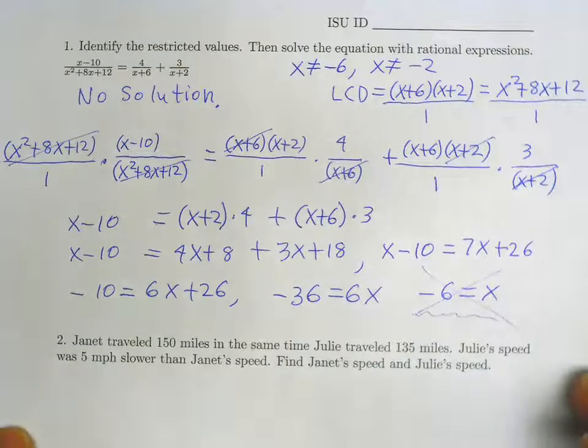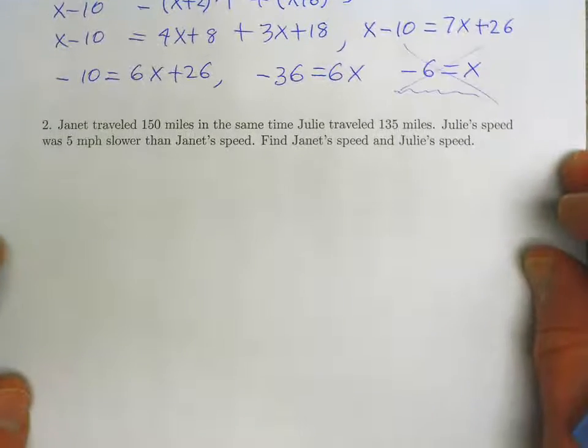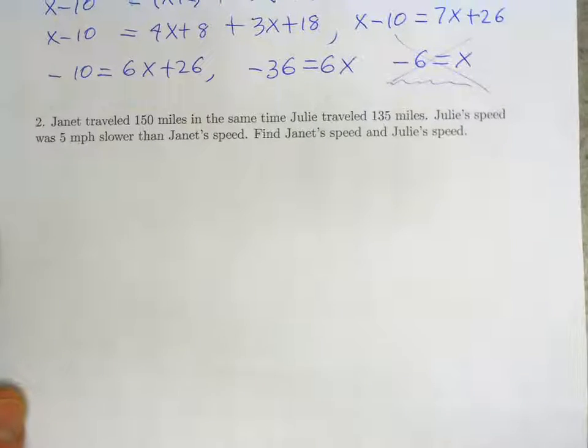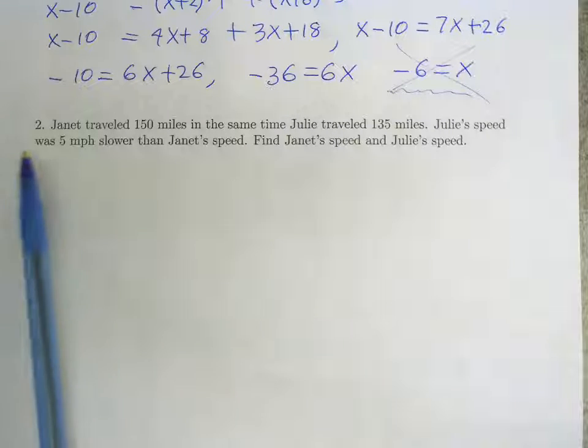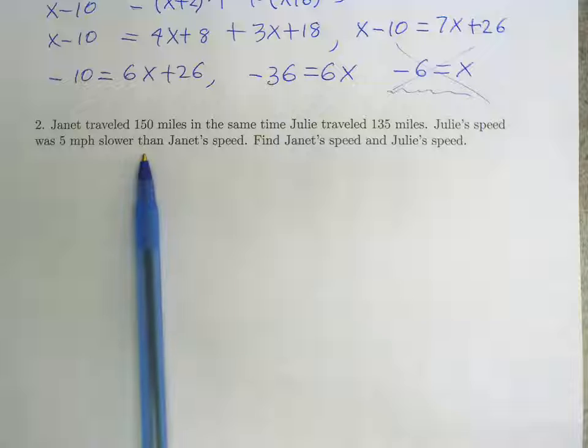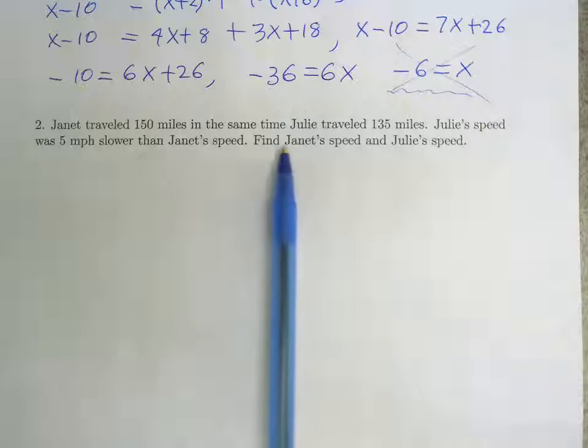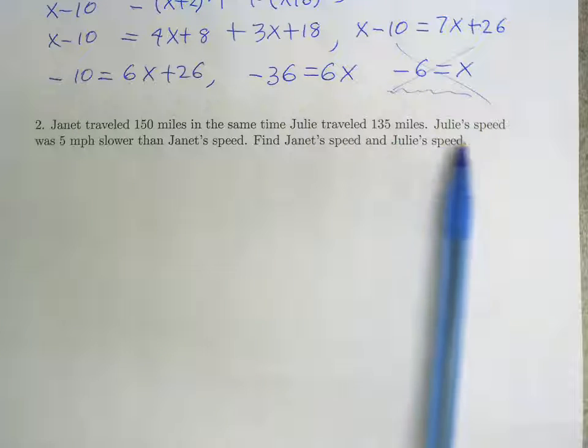Okay, well, let's look at the word problem. One of the skills is to identify what kind of word problem it is. So let's just read it. Janet traveled 150 miles in the same time that Julie traveled 135 miles.